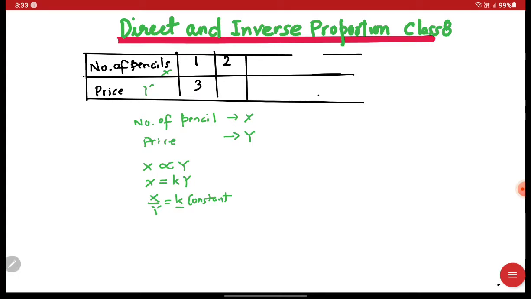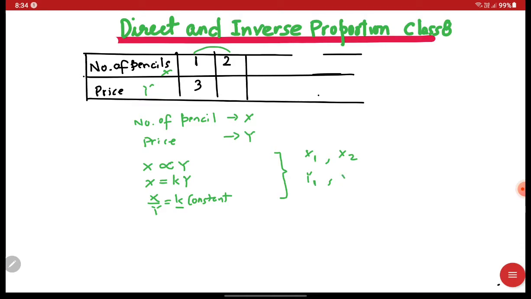So for example, let's take these two tables. For the time being, if 1 is represented by x1, then 3 will be represented by y1, because I'm considering the number of pencils as x and the price as y. Going forward, it will be x2 for 2, and y2 for this box.